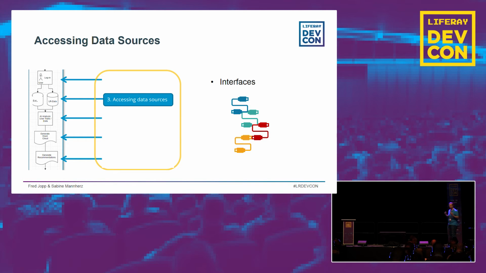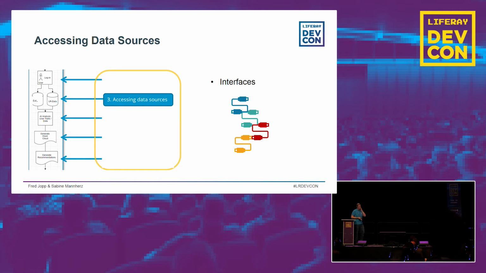In our case, mostly documents that the users have generated, and I will come to that because that was our key for using the on-premise approach. Accessing the data sources, of course, the key factor is that we have interfaces. If you remember the variety of different sources and the variety of processes, that's not necessarily too easy. So we are still working on that, and I will show you some of the results.